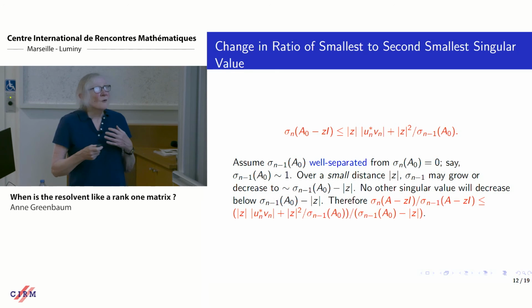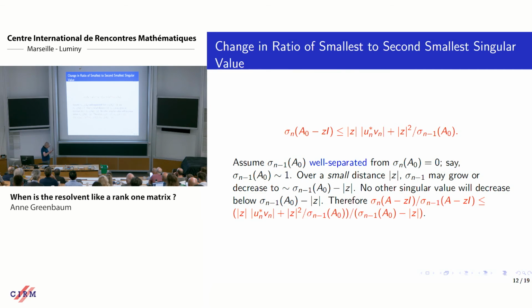What about this ratio? That determines sort of the factor of A minus Zi, or A minus Zi inverse, that is like a rank 1 matrix. Well, we can be a little sloppier here if we like.